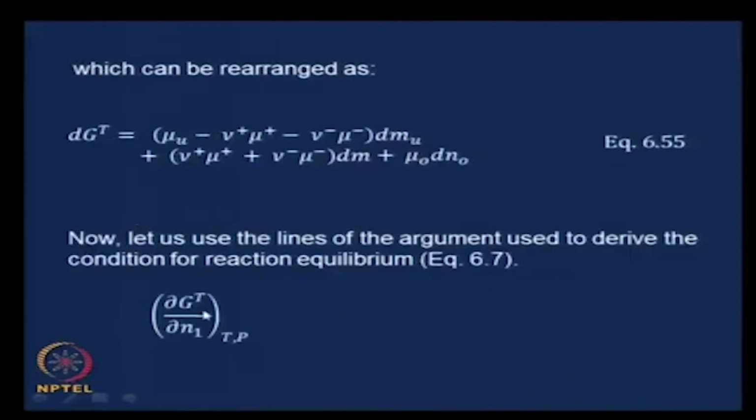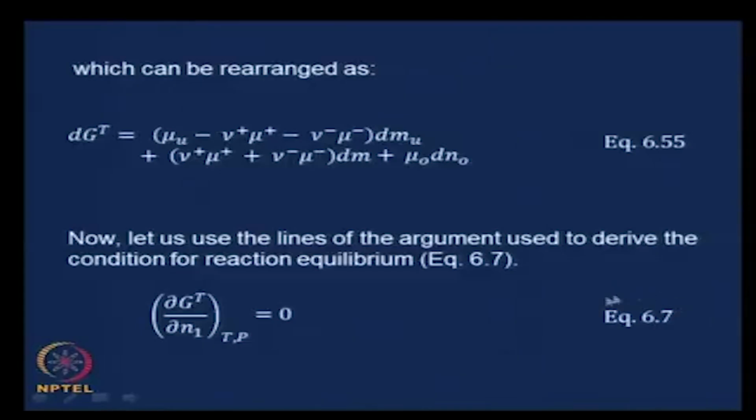We will use the same lines of argument here. The partial derivative of Gt with respect to mu at constant T and P must be equal to 0. This is the condition for equilibrium, which is carried on from our early courses even. This also formalizes equation 6.7 in this module.